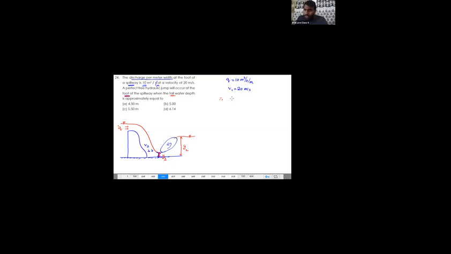You know that Q is nothing but V into y, so V1 y1. What is y1 then? 10 by 20, which equals 0.5 meters. Since it is discharge per unit width, it is rectangular. Can you tell me the relation between the conjugate depths and the discharge?